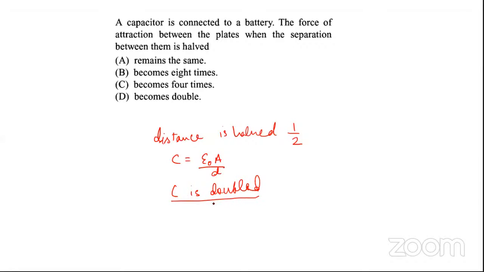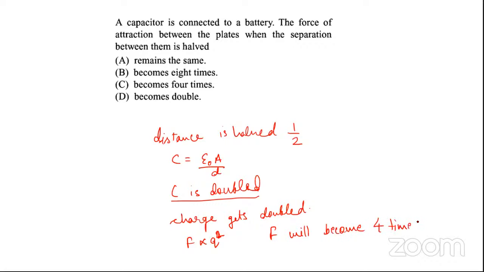And if C is doubled, then the charge on the plates will get doubled. And we know that force is directly proportional to Q square, so because of that, force will become 4 times. Alright, therefore C is the right answer.